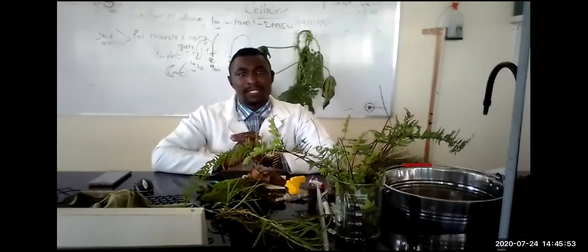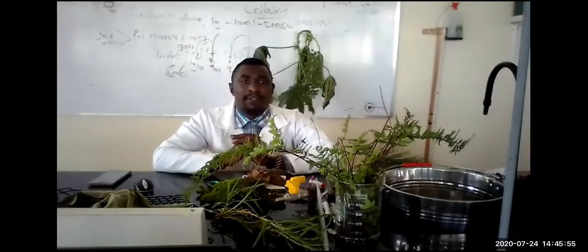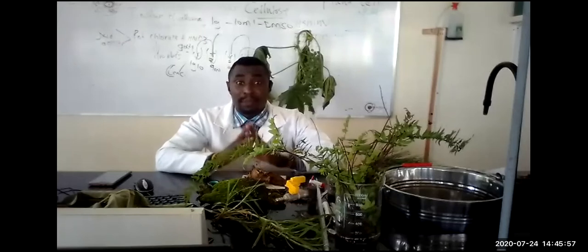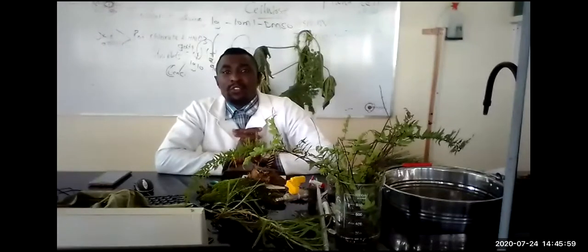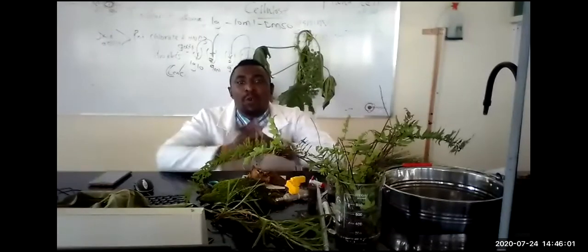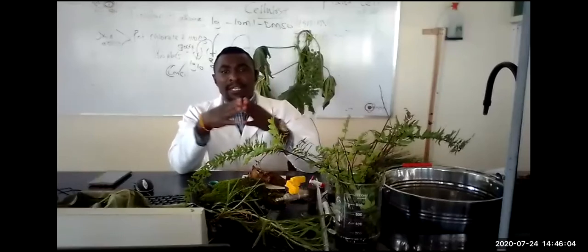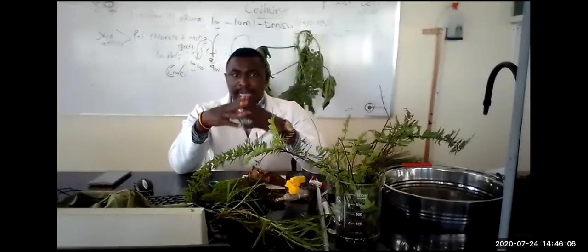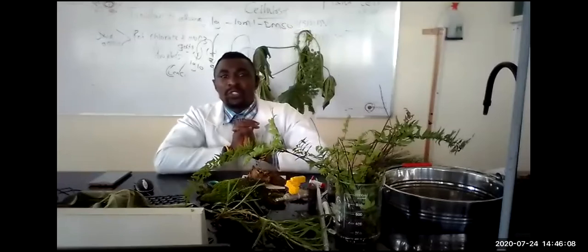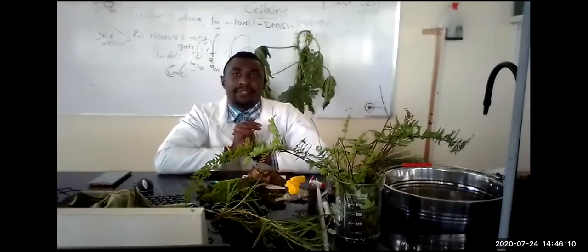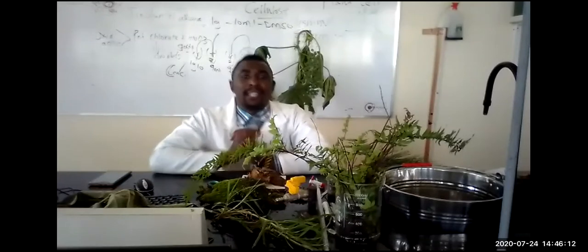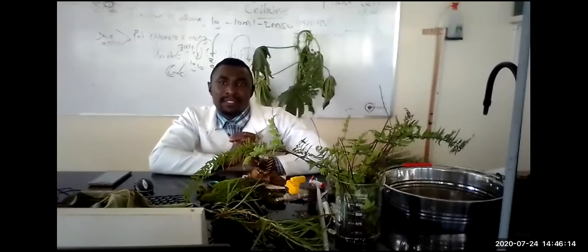Another part of the phanerogams, we have the angiosperms. The angiosperms are also seed-bearing plants with a well-differentiated plant body, and their seeds are enclosed inside the fruit. And these are flowering plants.